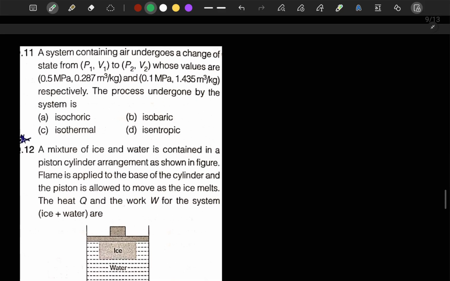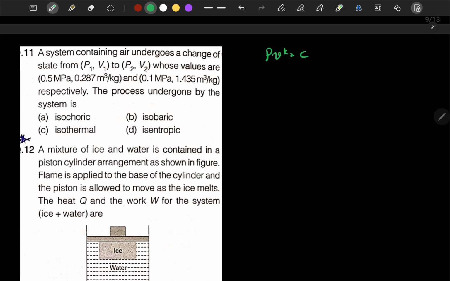Question number 11. A system containing air undergoes a change of state from P1 V1 to P2 V2, whose values are given respectively. The process undergone by the system is, so what we have to do, I have already told you that there is a standard relation PV to the power k is equal to constant, which is applicable for all the processes.